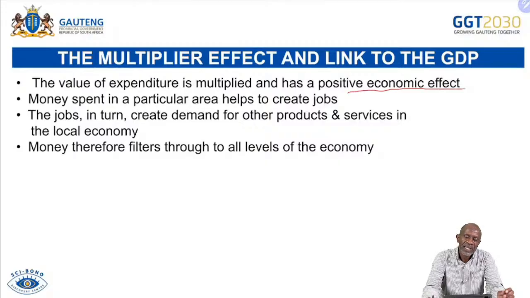So as you can see, he got this money from tourism, but he spent it in the transport industry. He spent it paying local workers, and therefore the money does not stay in a particular sector, it filters down to all levels of the economy. That is the multiplier effect, and it has an impact on the growth of the economy.